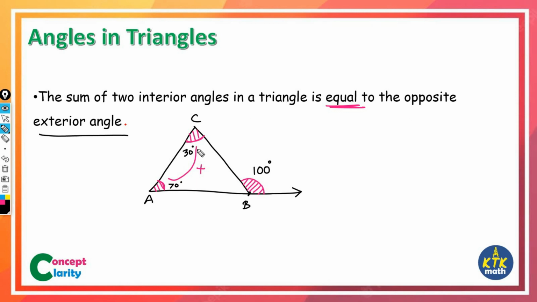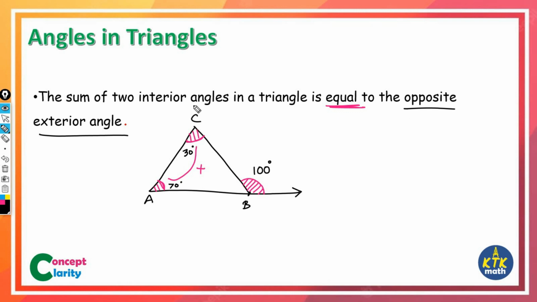So whenever we are adding two interior angles in a triangle, it is always equal to the opposite exterior angle. Based on this kind of diagram also, we are going to find the missing angles in a triangle. As I mentioned earlier, there are two types of properties which help us to find the missing angles in a triangle.